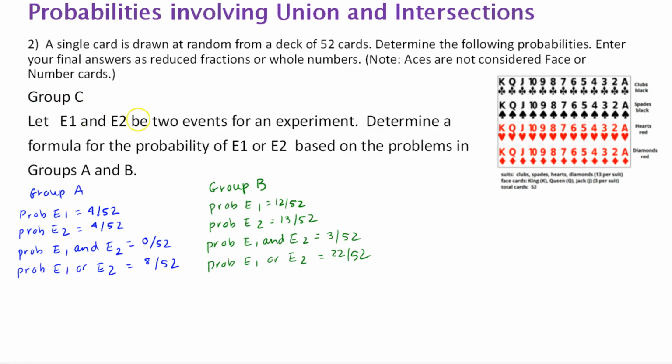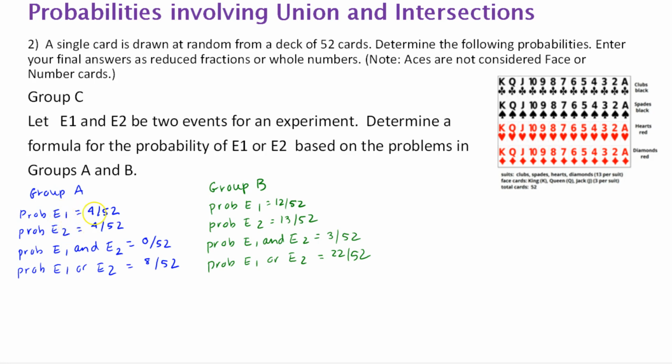Now we have group C, which is really just one question more than a group. There's some notation in here, don't let it frighten you. Let E1 and E2 be 2 events for an experiment. In the last examples in Group A and Group B, we drew a card. Event E1 for the first one was drawing a 5, and E2 was drawing a queen.